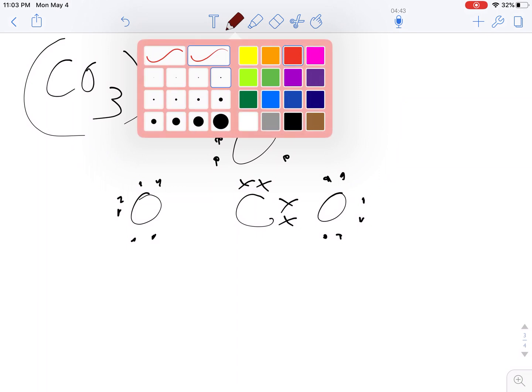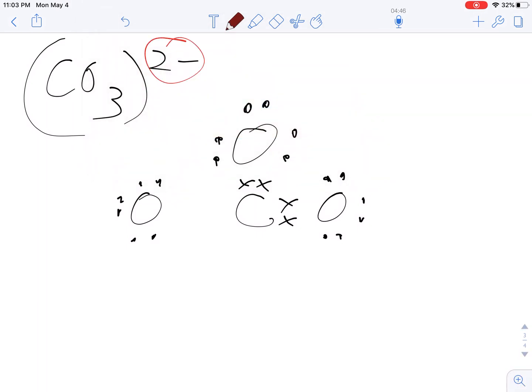Because I have a -2 charge, I get a bonus 2 electrons, which I'm going to indicate by my stars. So I get 2 bonus. I always kind of like these because they're kind of like a puzzle trying to solve.